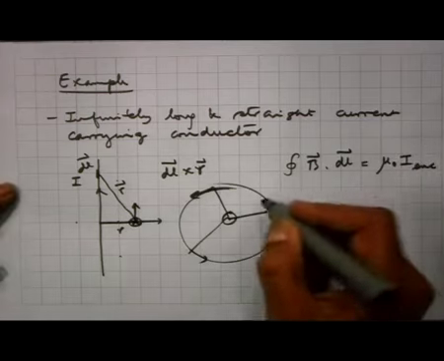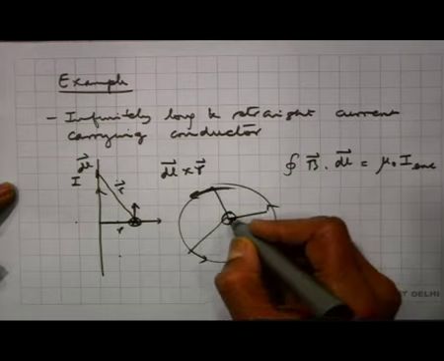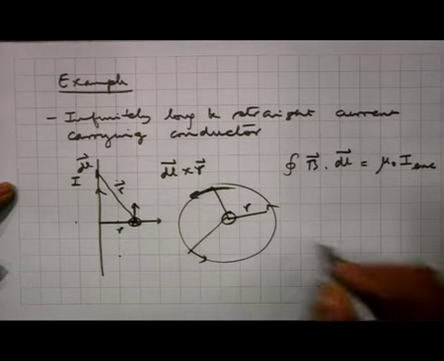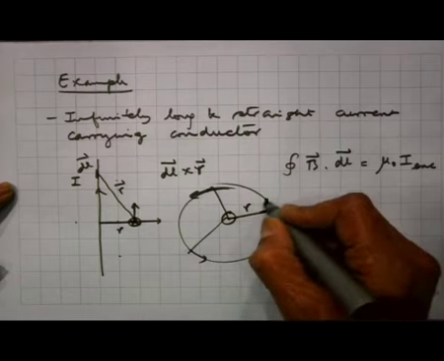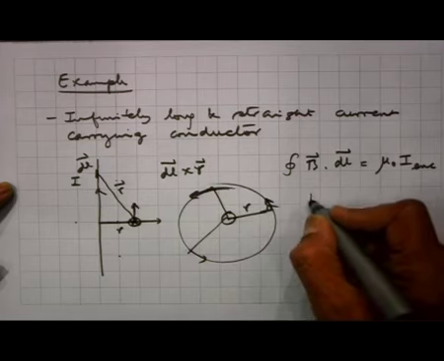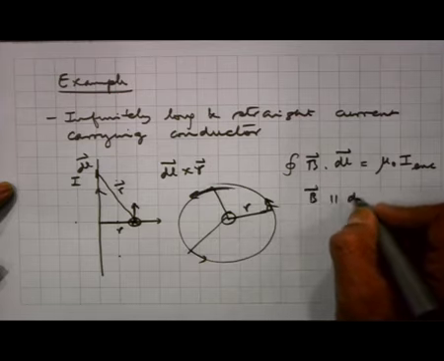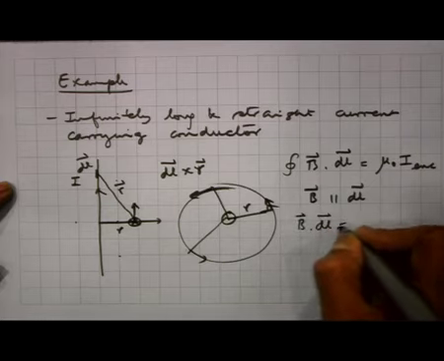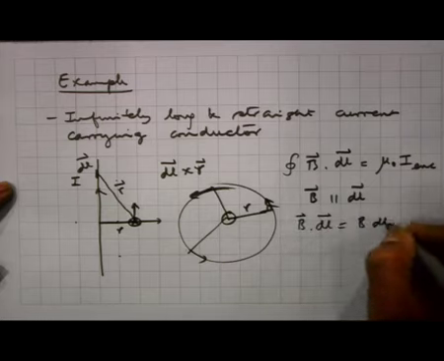What I do is take a circular path around this wire with the wire at the center, at a distance r. Remember, at every point dl is like this and B is also like this. So at any point B is parallel to the dl vector, and so B dot dl is nothing but B dl.